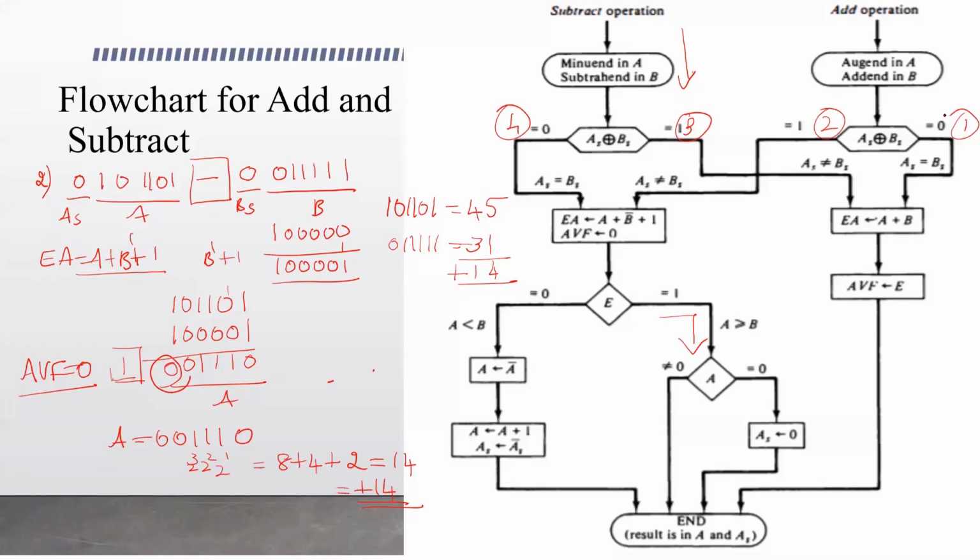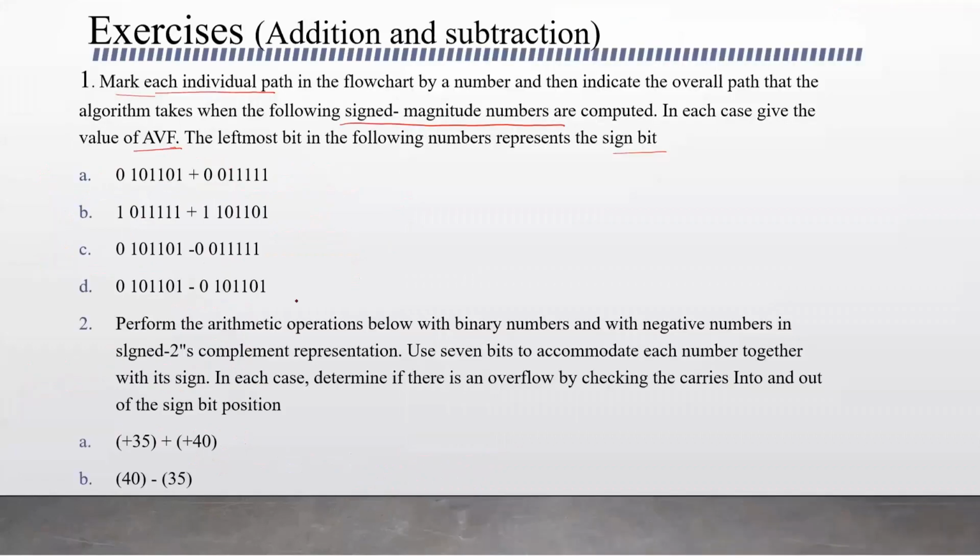So we check this path. Okay, one addition we performed which took this path 1, and we also check this. Now we need to take two numbers with two different signs. Okay, we'll perform one addition and subtraction. So let's now change this. We'll take the question here.